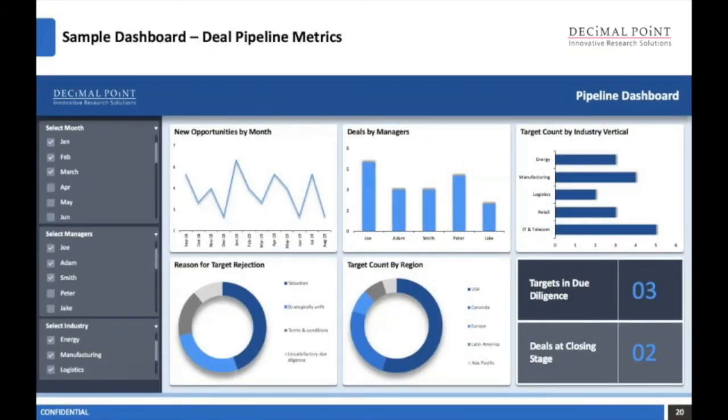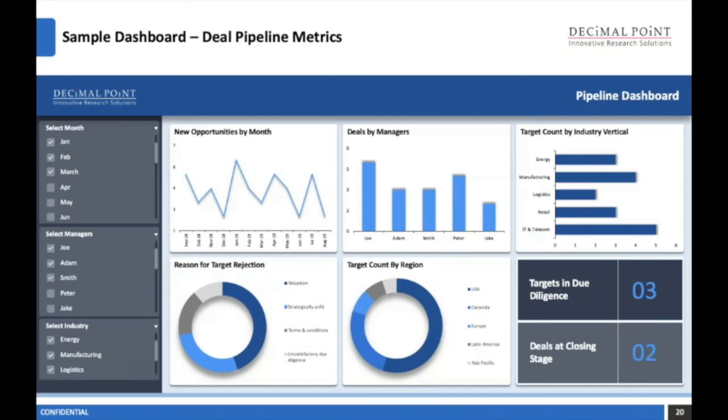So as we start with the first dashboard, which covers deal pipeline, which is more like a business development function, it does involve a lot of effort on building relationships and bridges with the management or the owners of the company, and it involves various resources like deal champions or fund managers who bring such investment opportunities to the committee.